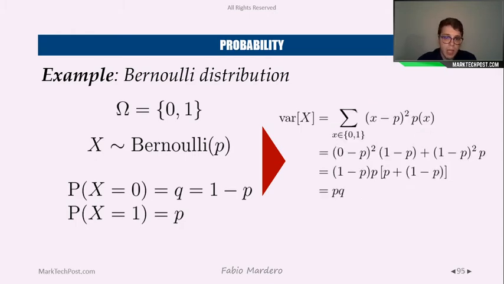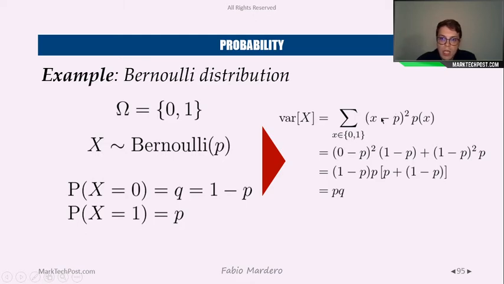We can do the same with the variance, but now we have to remember that we have to compute the expected value of what? Of x minus the expected value of x, to the power of 2. But we have already computed the expected value of x, which is p, so we can substitute and compute it right here.